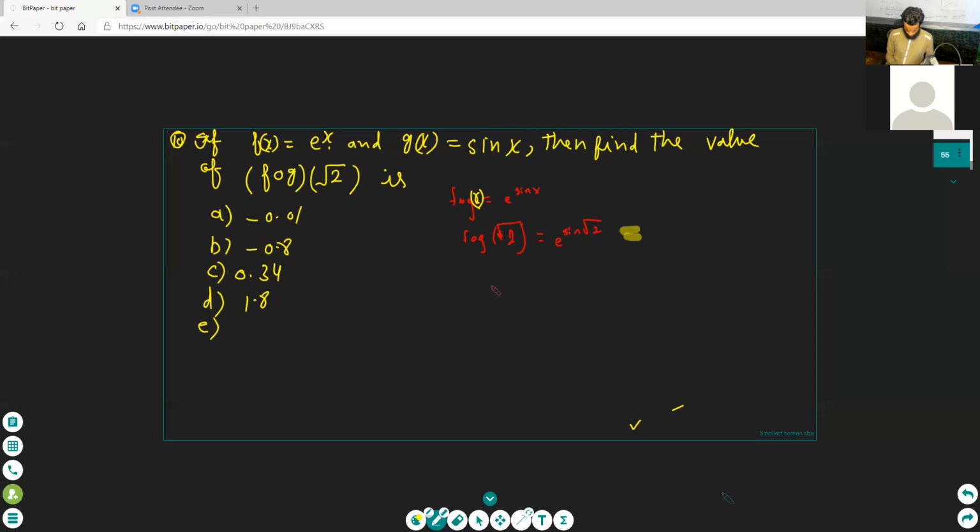So it's 1.02. Here it is, option 10. e raised to sine of square root 2. 1.02 is a good option, but in this one here is a mistake, okay?